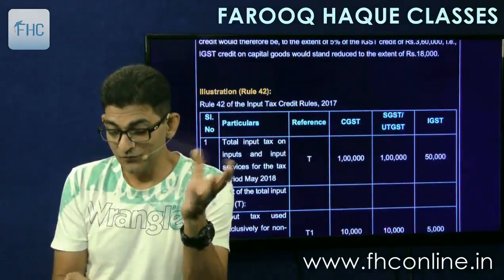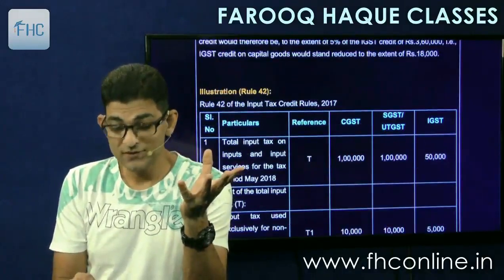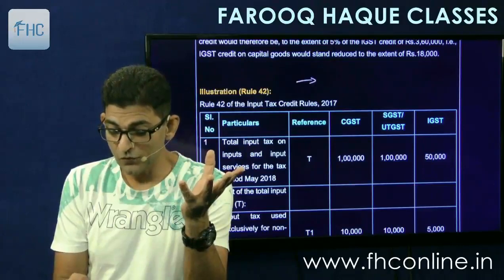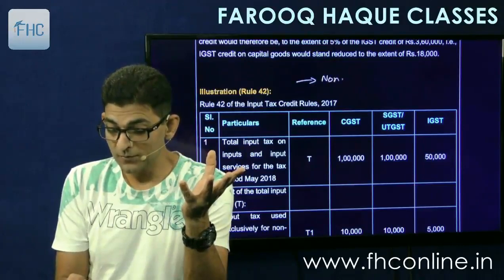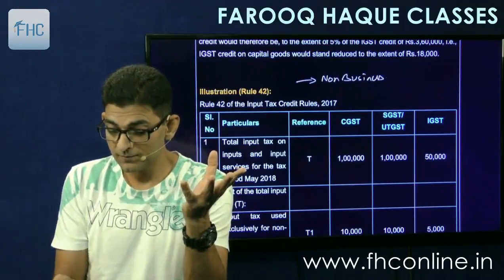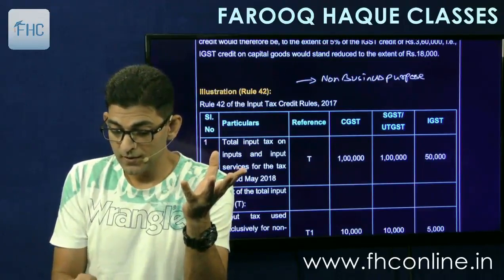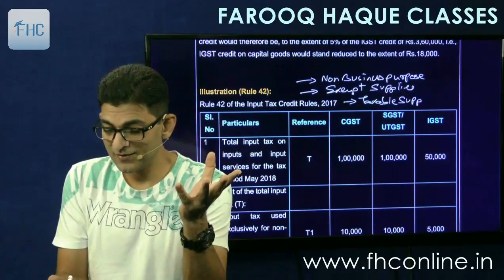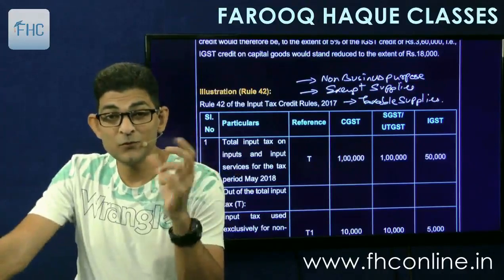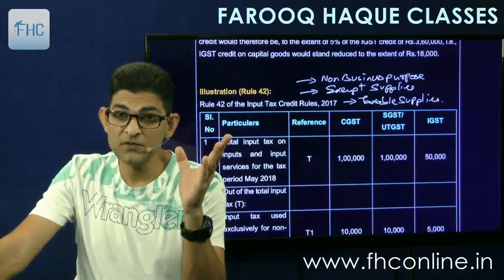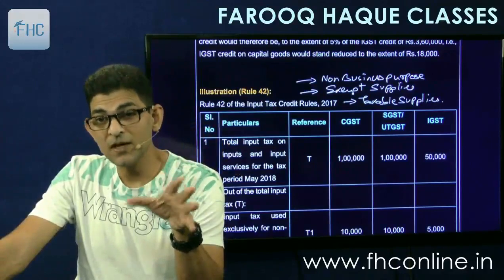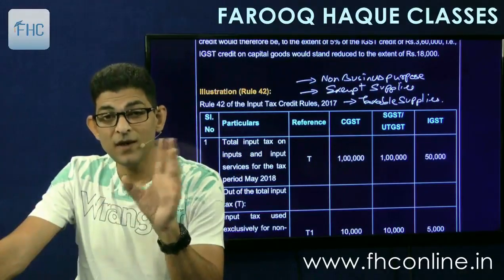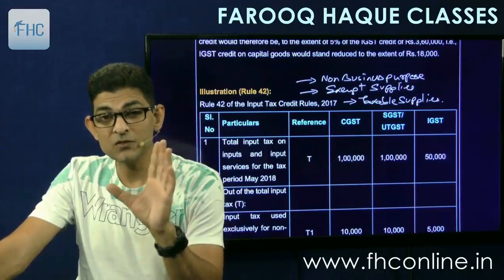This is in respect of a person who utilizes the inputs for non-business purpose as well as for the exempt supplies as well as for the taxable supplies. So when you use the inputs for non-business purpose as well as for making some exempt supplies as well as for making taxable supplies, then how much credit is to be given and how much is to be disallowed.